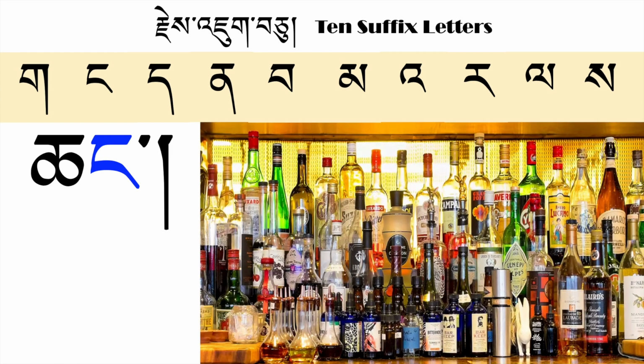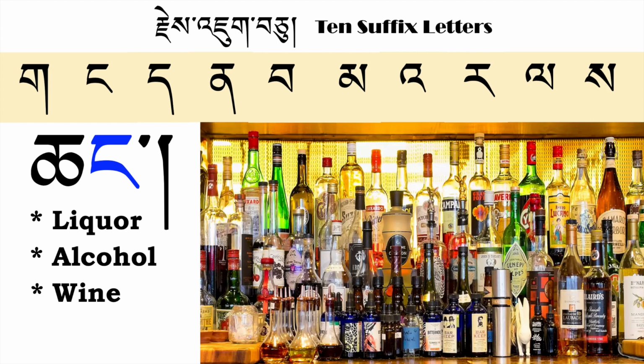Chang has many meanings here. Liquor is called chang. Alcohol is chang. You can say wine is chang, and beer is also chang. Liquor, alcohol, wine, beer: in Tibetan there is only one word that works for all of them.